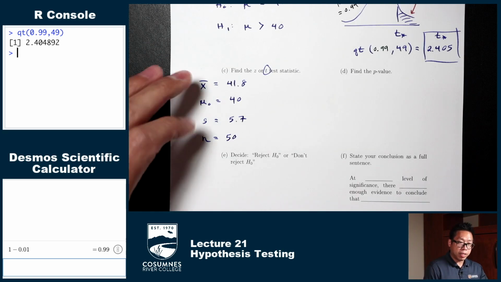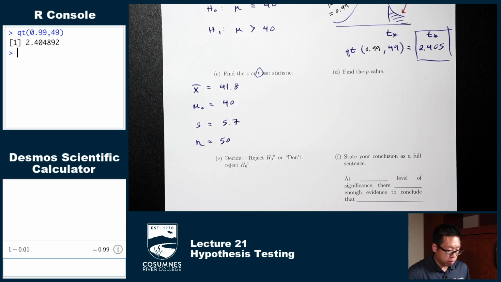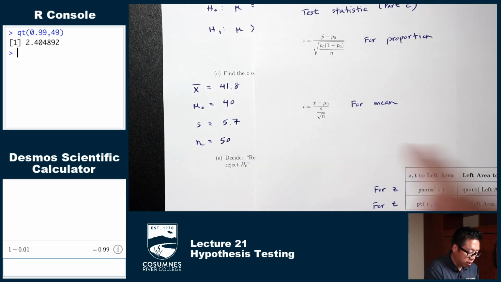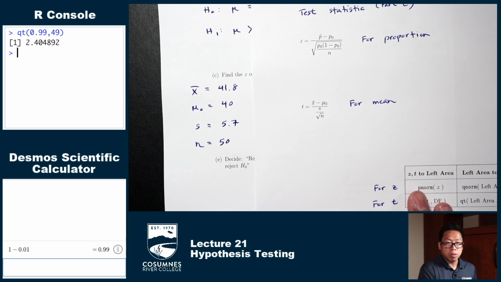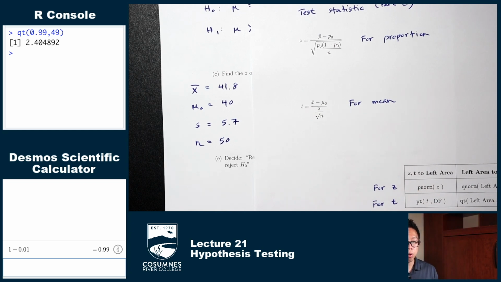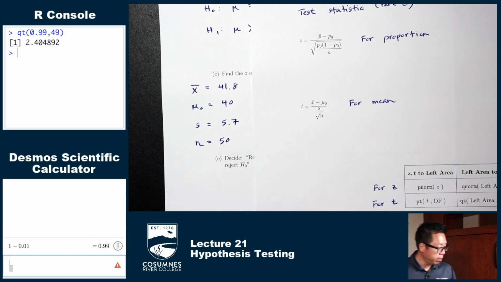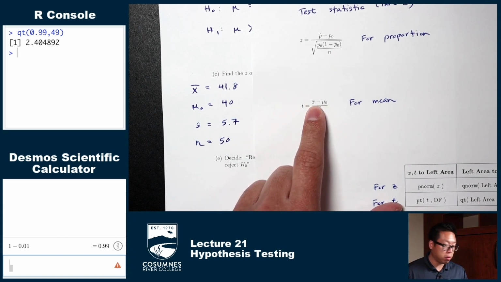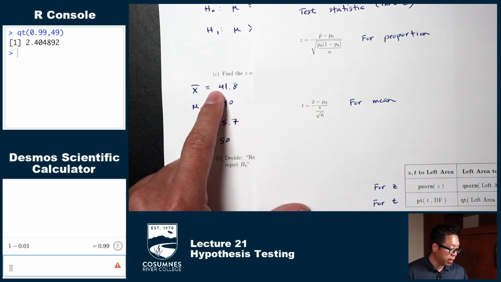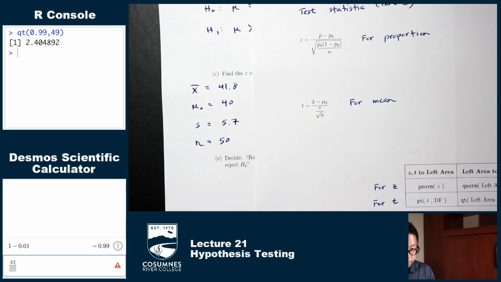Okay, so I have everything I need now to enter it into the formula. So we're going to enter it into this t formula. In decimals here, I'm going to start with a fraction. Up top, x bar minus mu 0. That's going to be 41.8 minus 40. On the bottom, it's another fraction.